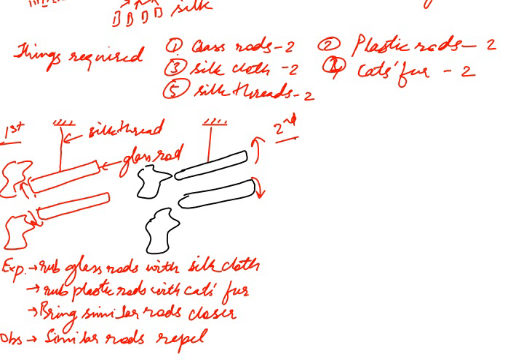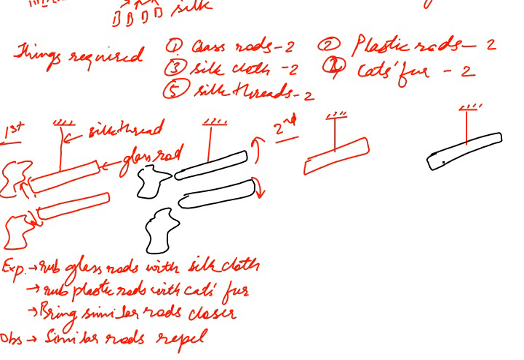In the second process, I initially have the 4 rods rubbed with silk cloths and cat's fur. I already have this glass rod and one plastic rod rubbed with silk cloth and cat's fur.